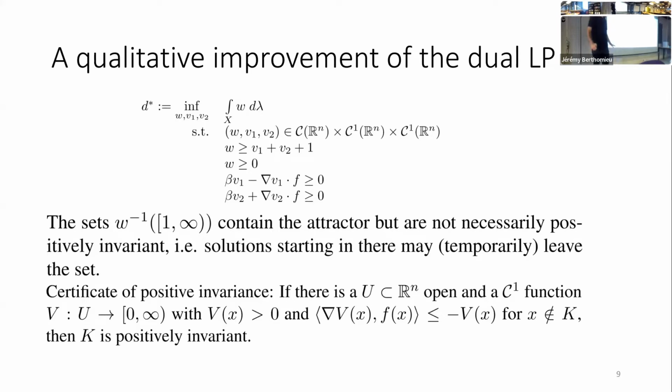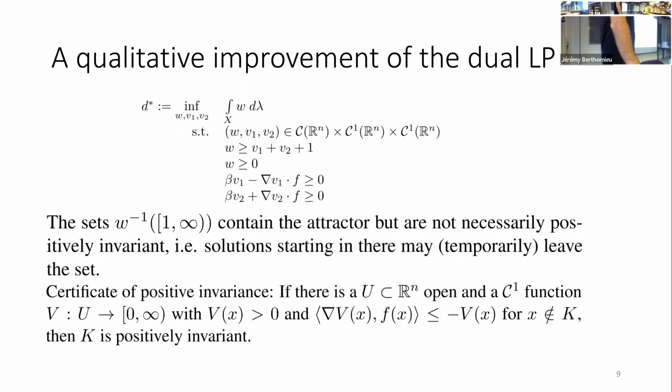Okay. And whenever we find a Lyapunov function for such a set K, a function that satisfies these conditions and that vanishes on the set K, then we know that this set K has to be positively invariant. And this motivates the following approach.